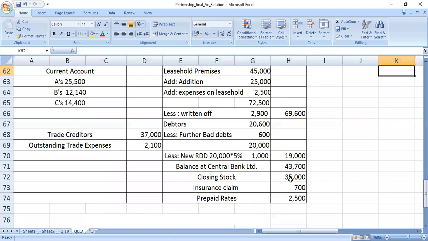Closing stock 35,000. Then insurance claim 700. Prepaid rent 2,500. We recorded everything in the balance sheet asset side. Is there any amount remaining? You can ask.